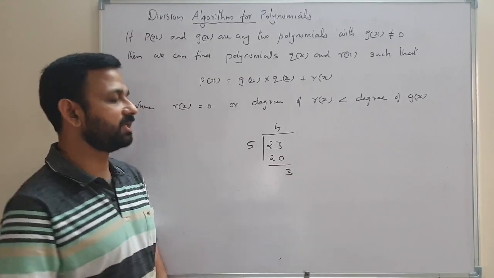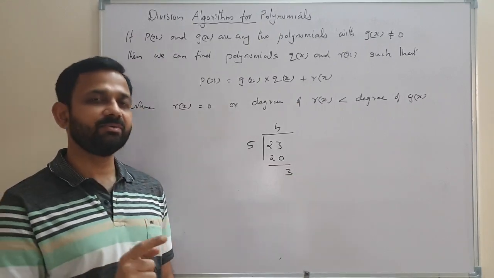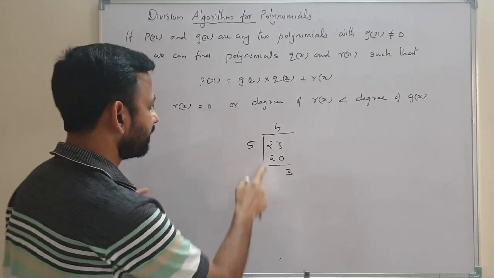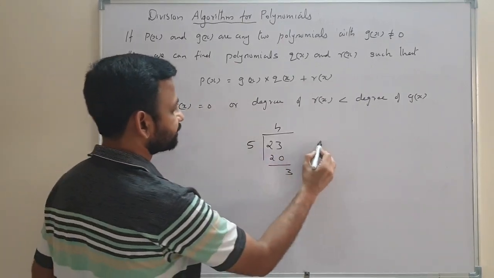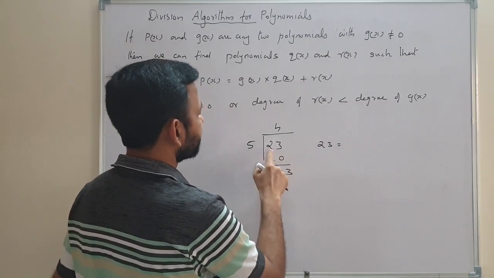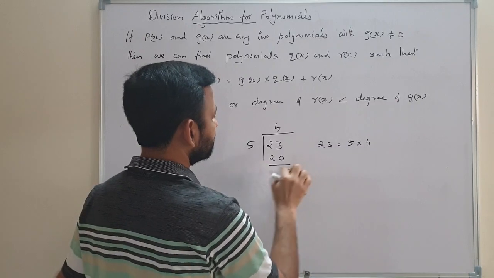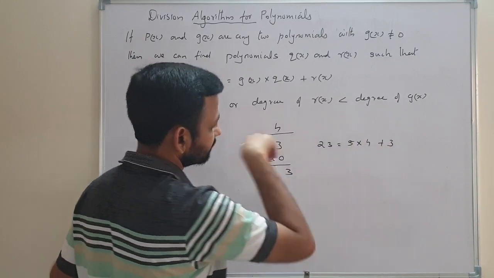Then the division rule is: dividend is equal to divisor into quotient plus remainder. So the dividend, that is 23, is equal to the divisor into quotient, 5 into 4, plus remainder 3.